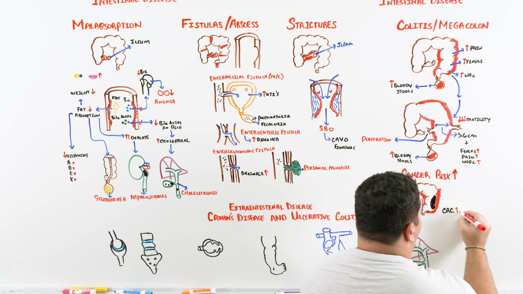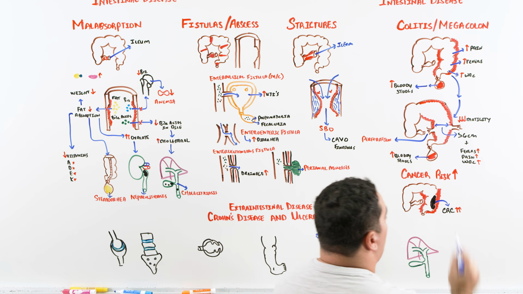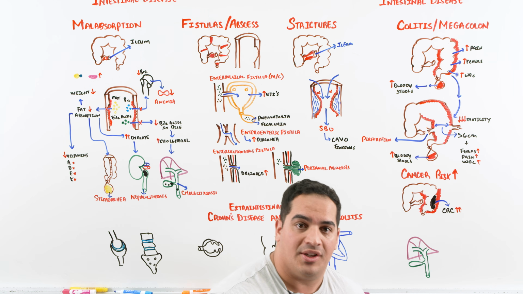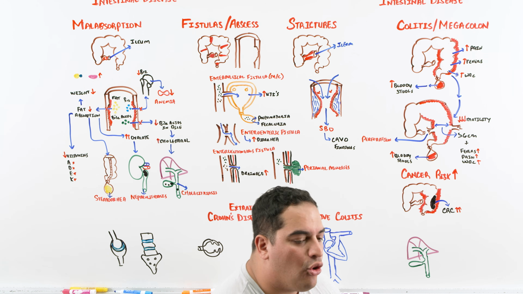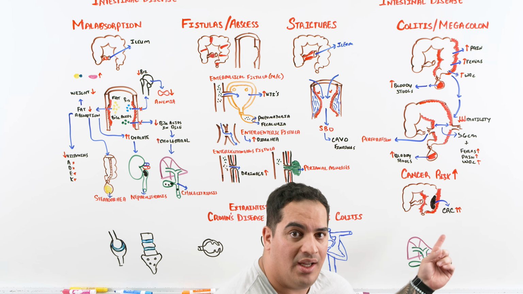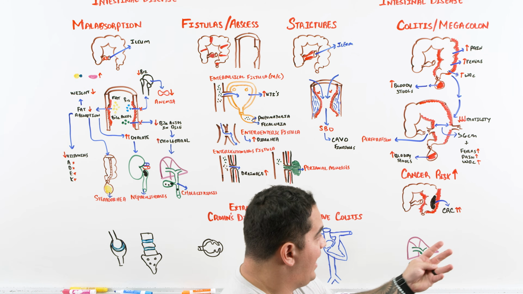So their colorectal cancer risk goes up massively because of the chronic inflammation, increasing the risk of tumors. Oftentimes these patients, and Crohn's disease too, but I'd say it's much higher risk in UC, have to be constantly surveyed for colorectal cancer.